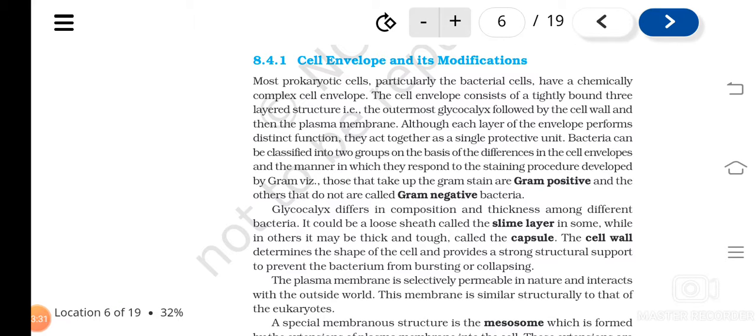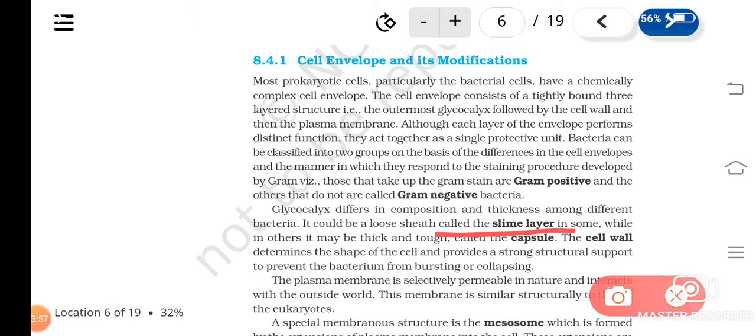Is it clear? So glycocalyx is the outermost layer, I said, and after that the cell wall will be there, and then the plasma membrane. Glycocalyx differs in composition and thickness. Sometimes it can be a loose sheath, known as the slime layer.